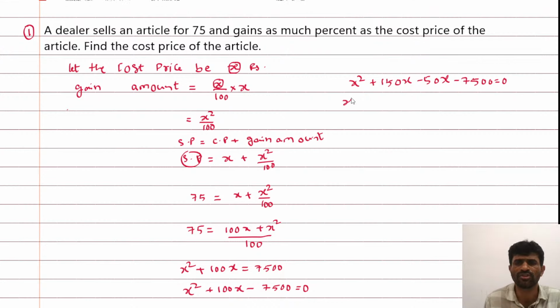From this we take x common: x plus 150, again minus 50 common, again x plus 150. So finally we get x plus 150 into x minus 50.